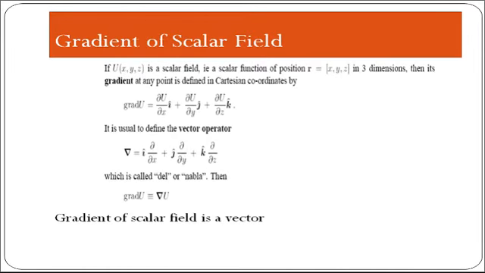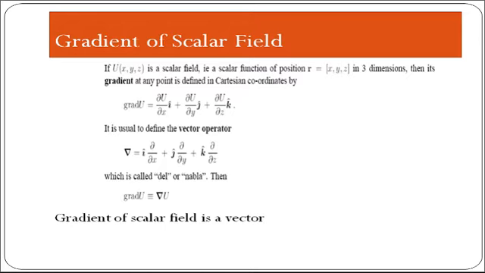If u(x, y, z) is a scalar field, that is a scalar function of position r in 3 dimensions, then its gradient at any point is defined in Cartesian coordinates by grad u equals ∂u/∂x i plus ∂u/∂y j plus ∂u/∂z k.